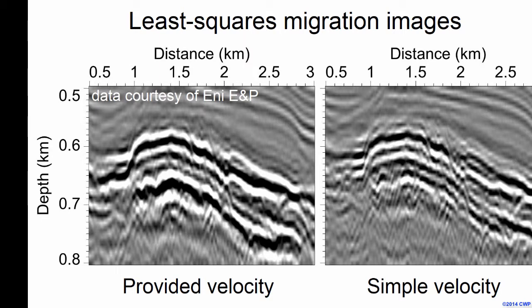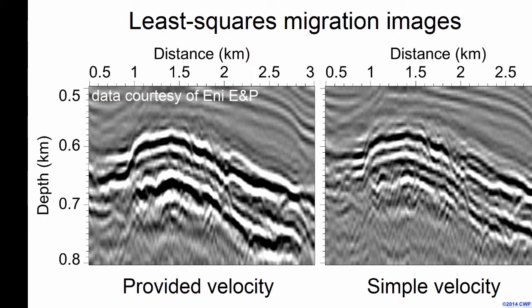Shown here are two subsets of least squares migration images computed for two different velocity models. The field data that I'm working with here are provided courtesy of the data provider, and the image on the left was computed using the velocity model that was provided along with the field data.